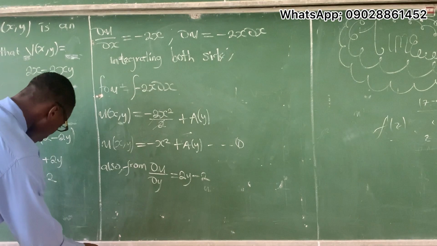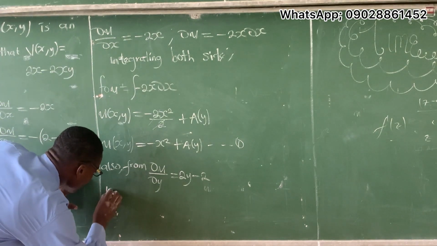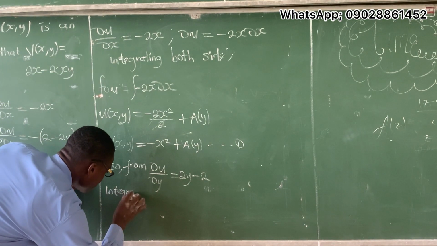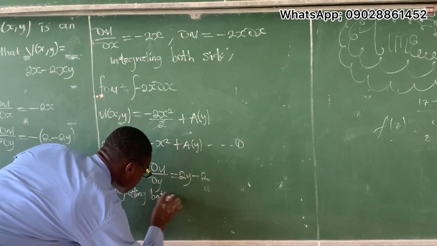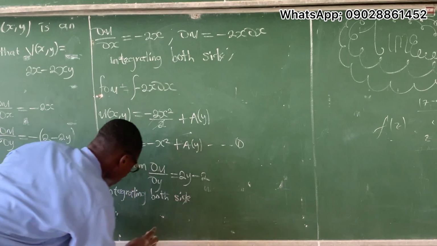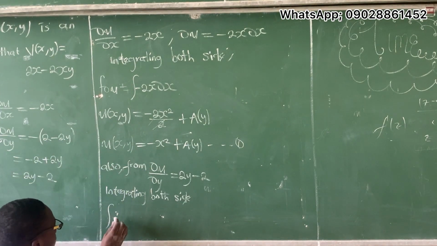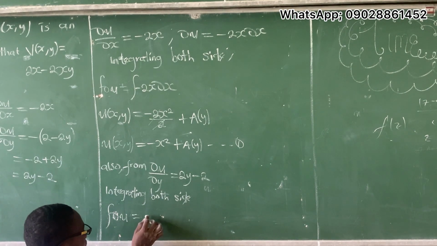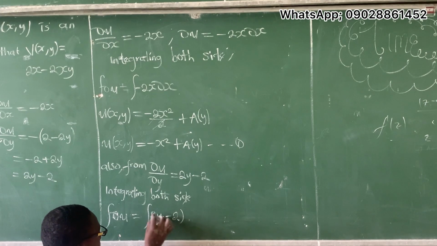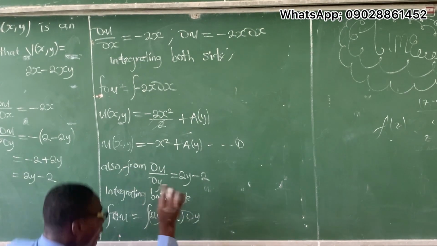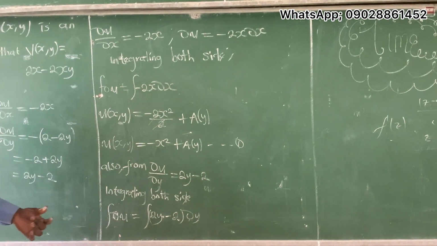So if we integrate both sides, we are going to have the integral of partial u equals to the integral of 2y minus 2 partial y.